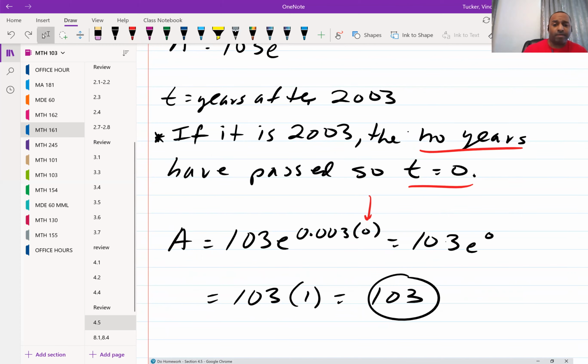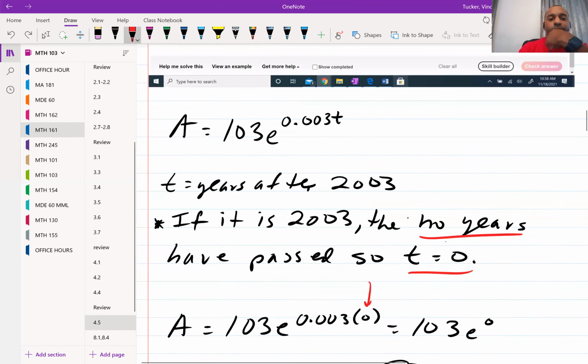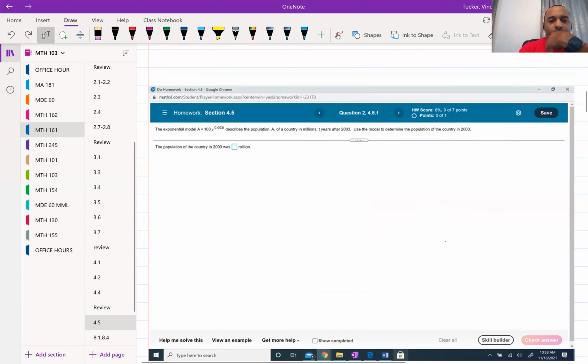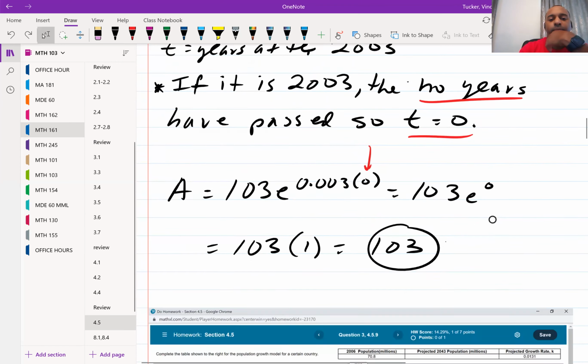So 103 times 1 is 103. So that's how that works. If no years have passed, then it's 0 for t. Plug in 0, that cancels out your e to the whatever, and you're just left with the number sitting in front of e, which is 103. So you have 103 million in 2003.